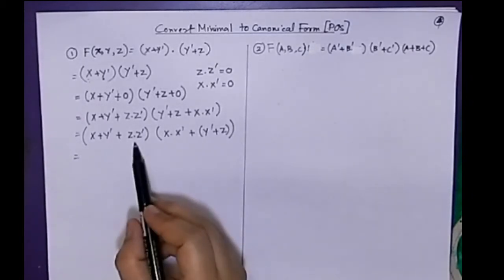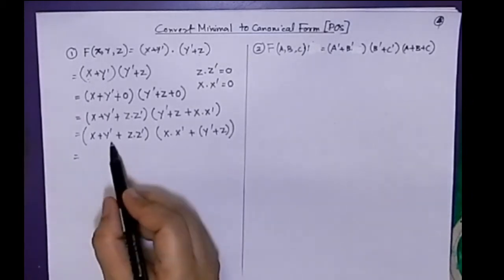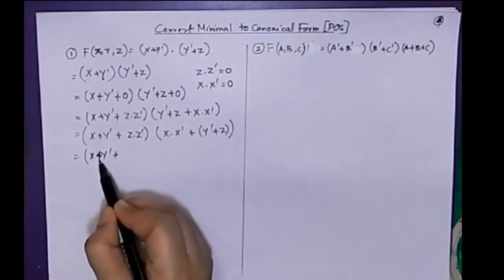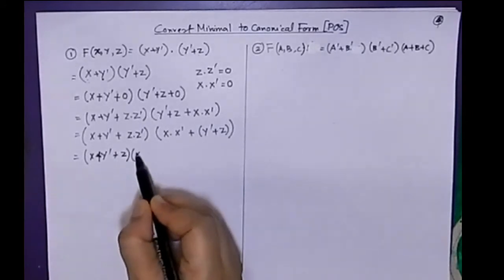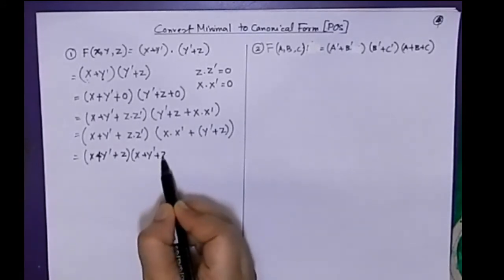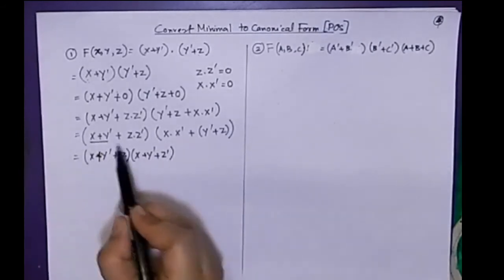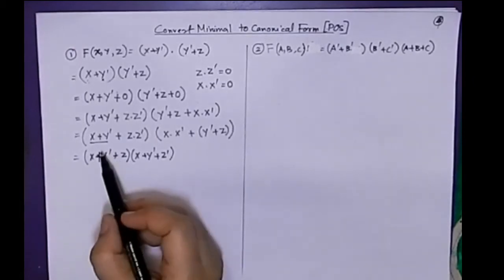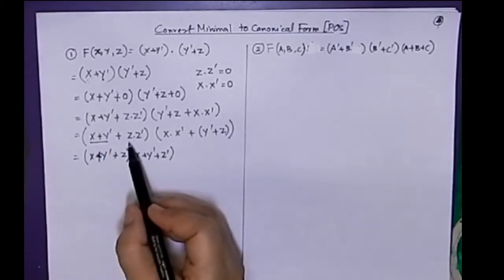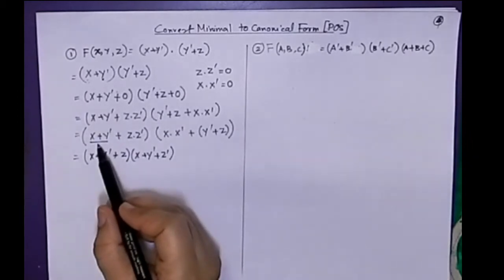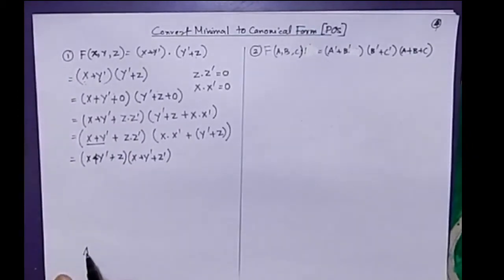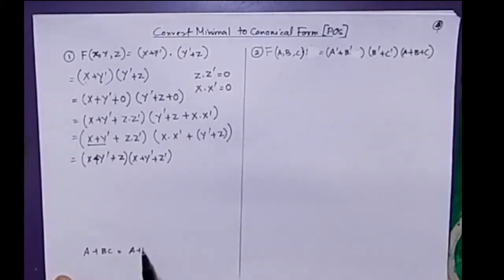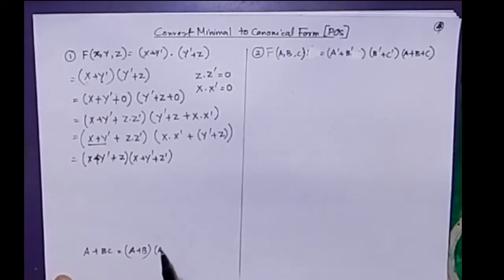Now, using the distribution law, what we can write is this term is x plus y dashed plus z, x plus y dashed plus z dashed. We're using the distribution law that a plus bc can be written as a plus b, a plus c.